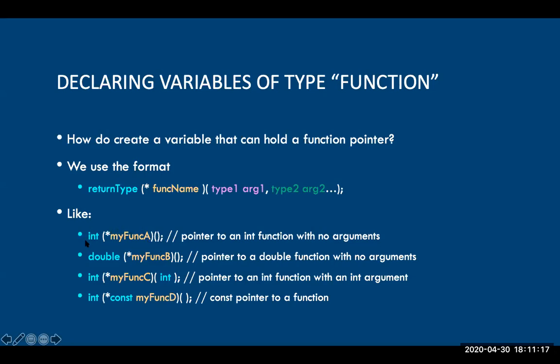No arguments and a return value of int. So this is the function signature of this myfunc_a pointer, right? Similarly, if I wanted to have a myfunc_b pointer that points to a double, I could only hold the address of functions that return double values with no arguments. I would create myfunc_b like this, okay?